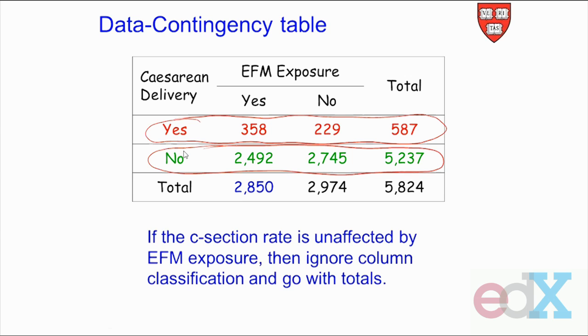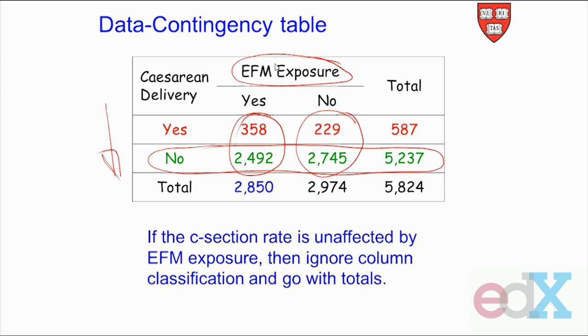And this is what we are going to test. We are going to test whether the C-section rate, as we go down, whether the C-section rate here is the same as the C-section rate there. So whether the C-section rate is impacted by the EFM exposure. Another way of looking at it is, is the row classification dependent or independent of the column classification?